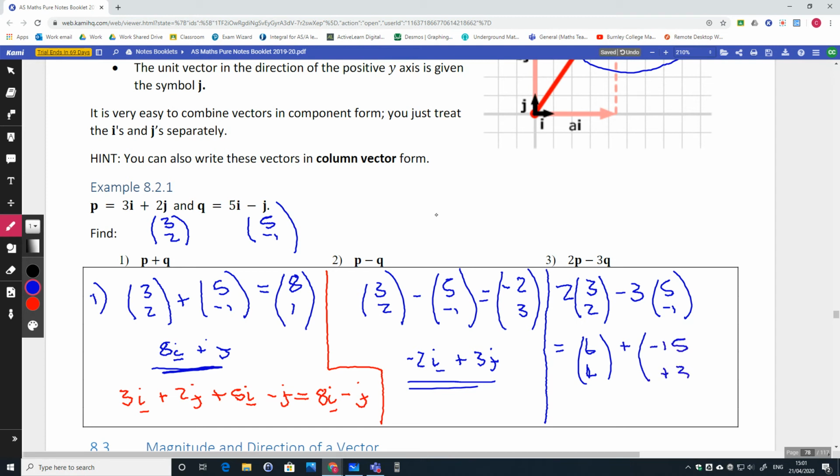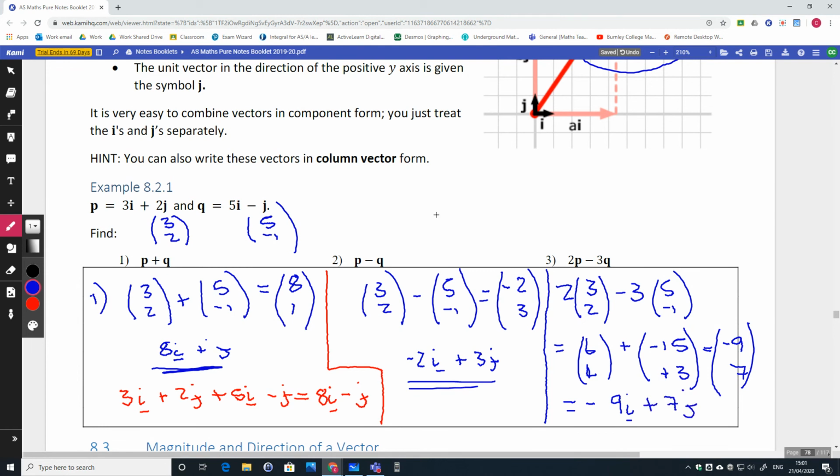And then that would go to plus 3 there. So 6 minus 15 is minus 9. And 4 add 3 is 7. Which is leaving me with -9i + 7j.